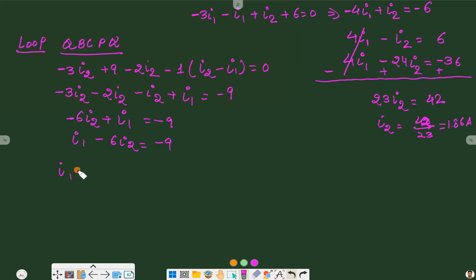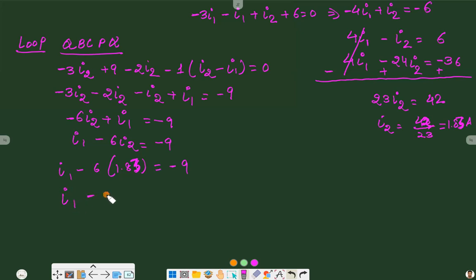So I1 minus 6 multiplied by 1.83 is equal to minus 9.